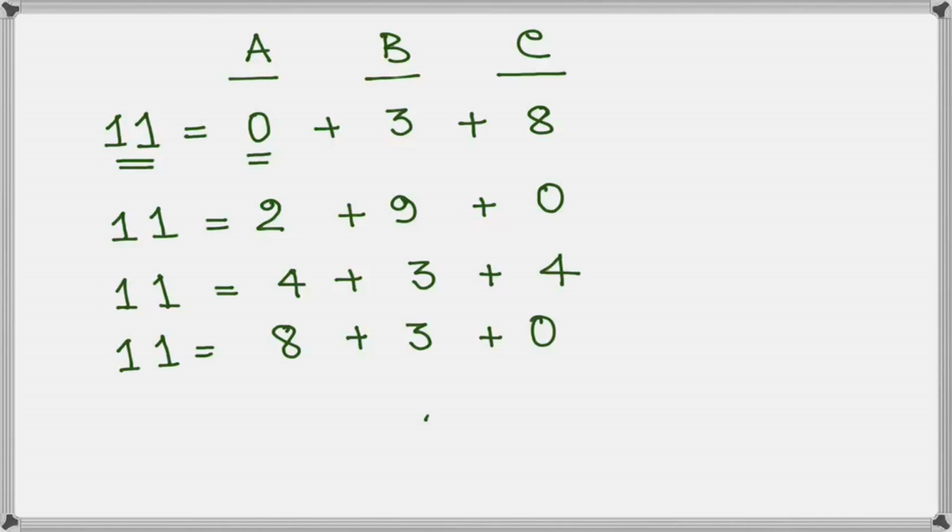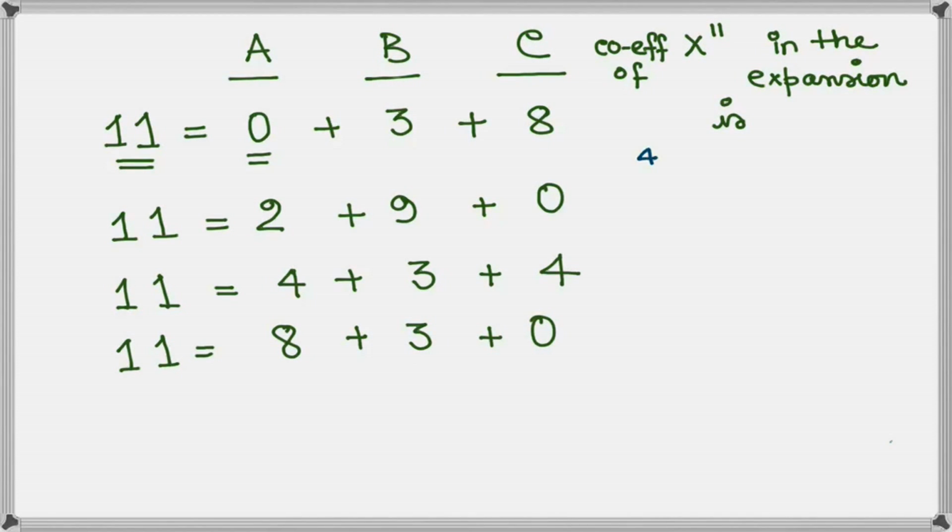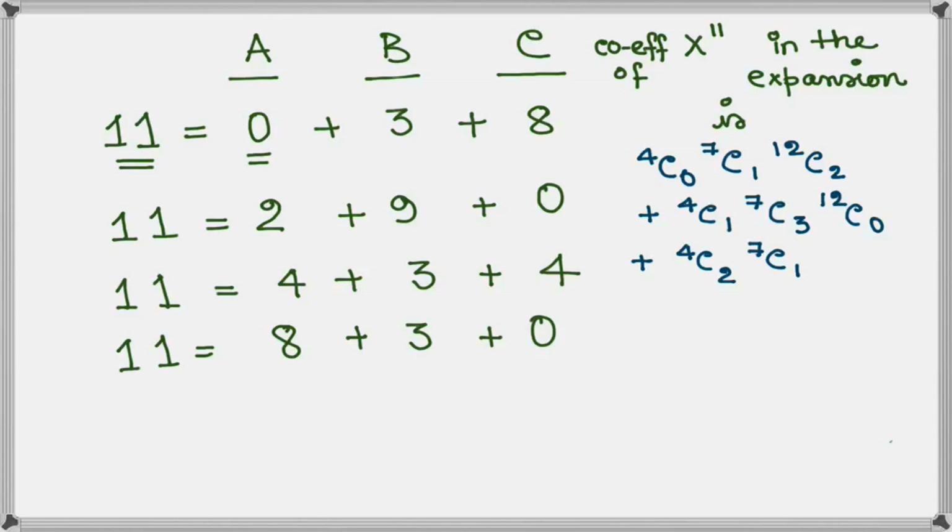Therefore, the coefficient of x^11 in the given expansion is 4C0 into 7C1 into 12C2 plus 4C1 into 7C3 into 12C0 plus 4C2 into 7C1 into 12C1 plus 4C4 into 7C1 into 12C0.